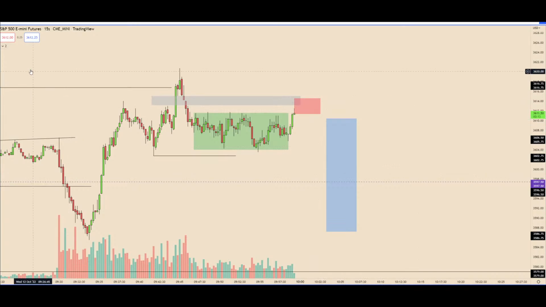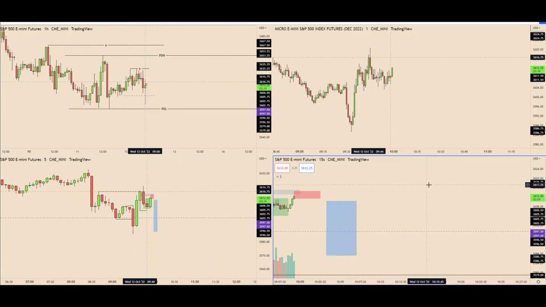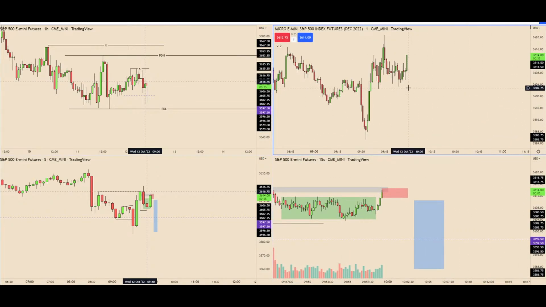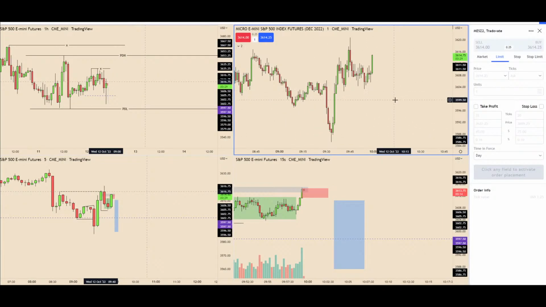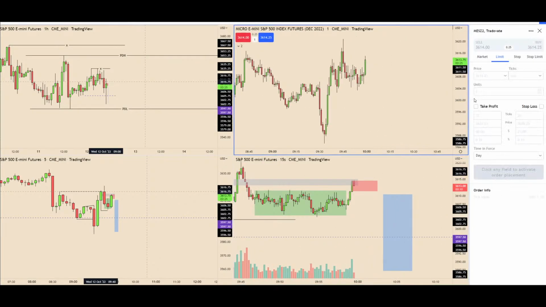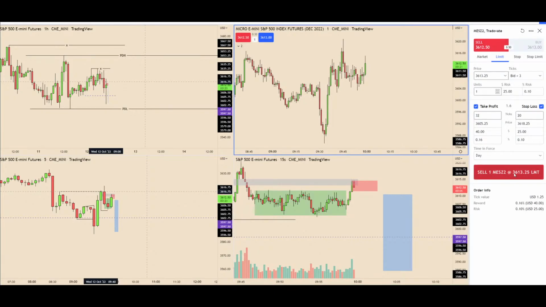So here, we'll actually do this real quick. We'll take a little short here. If we can wait for a 5-second setup or just enter. Let's see. Gotta get my limit up. Whatever.